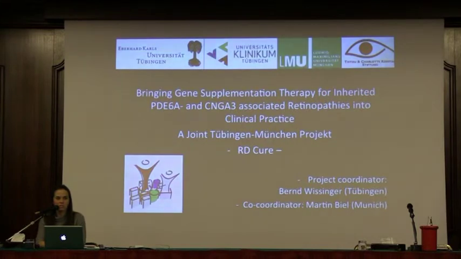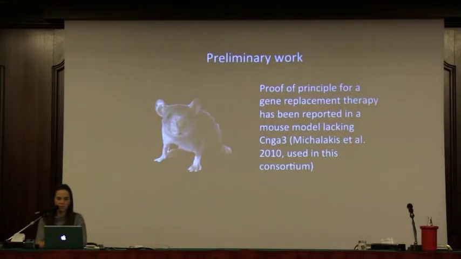It of course needs a lot of preparation, a lot of laboratory work, and a lot of results which we have to have before we can dare to go on a human trial. Therefore, we need a lot of preliminary work which has already been done. CNGA3 has some historical reasons in Tubingen why we have chosen this gene.